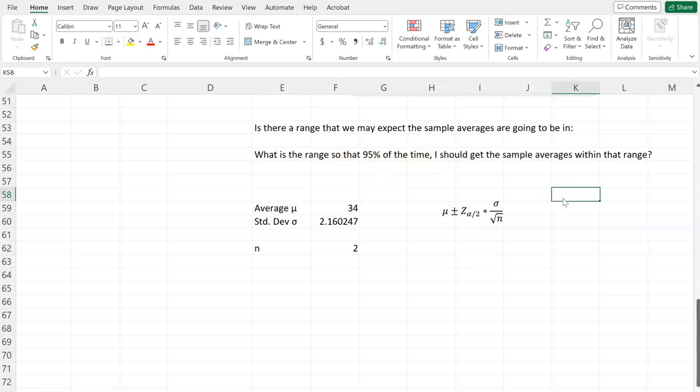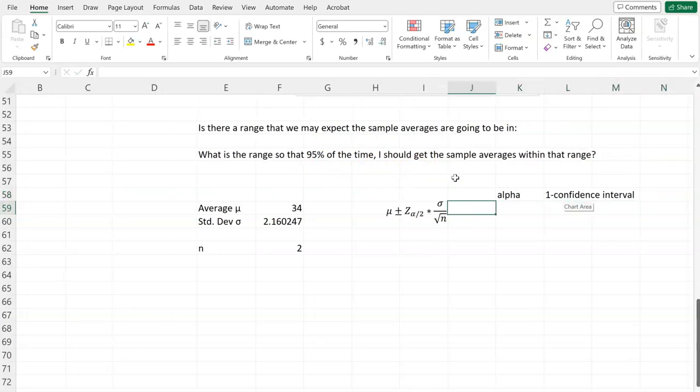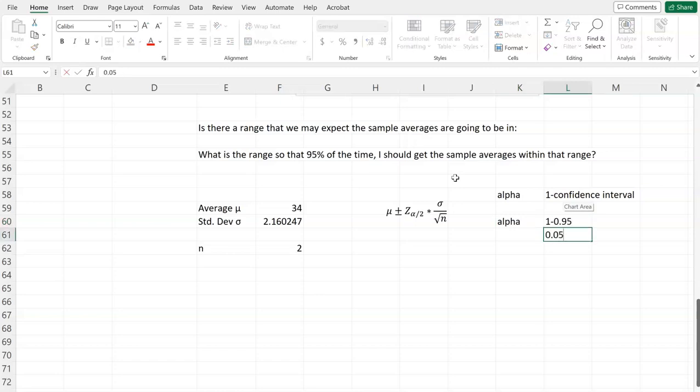So alpha is equal to 1 minus the confidence level that we are looking at. In our case, alpha is 0.05. Since I'm dividing by 2, I'm actually asking for z alpha over 2, which is z of 0.025.